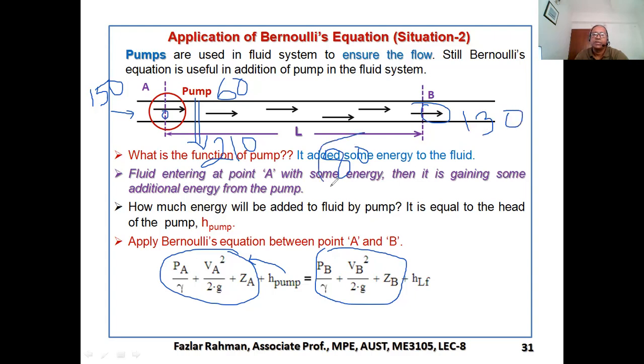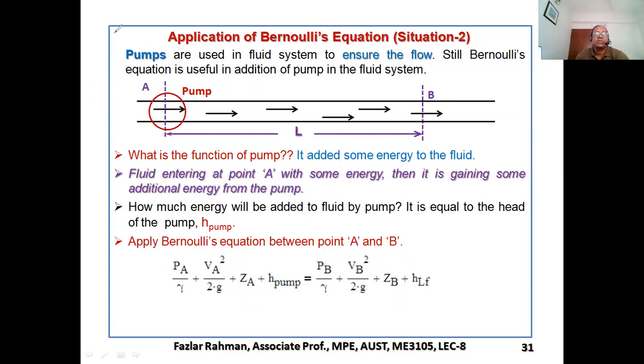So these 80 candies are your frictional head loss, and this is the remaining energy. And 150 is the energy of the fluid before, at point A, and at point A the pump is adding energy of 60. This way you can think of it, so it will be easier to apply and understand.